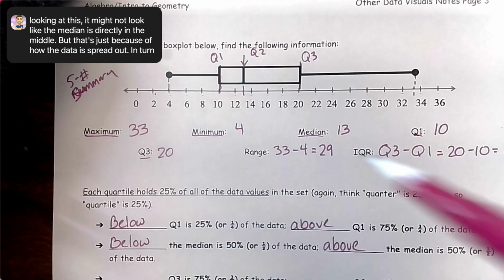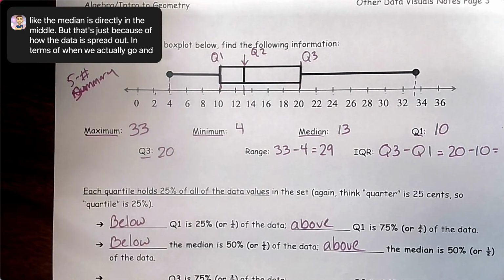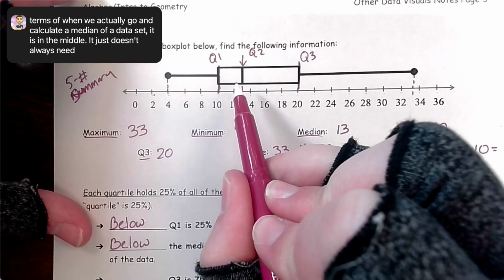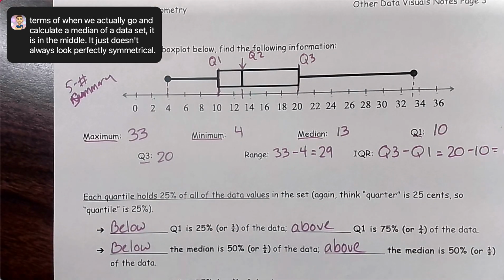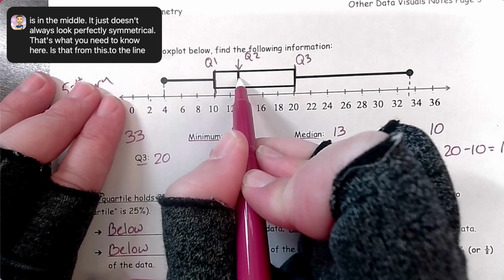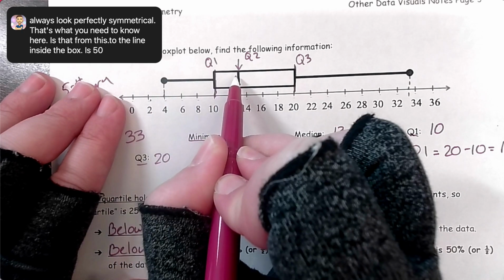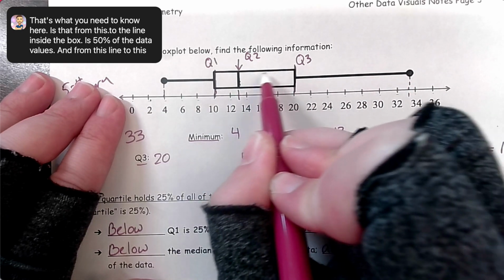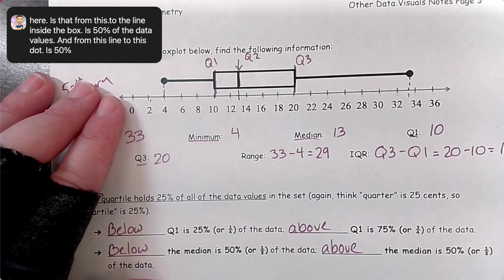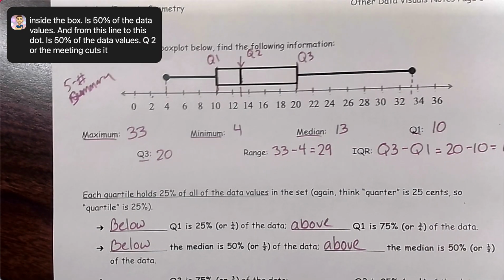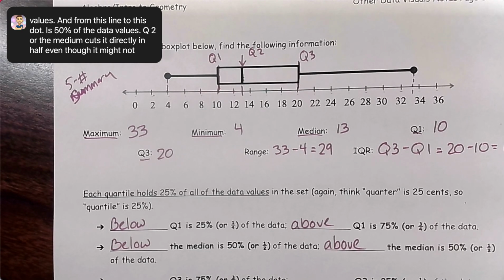In terms of when we actually go and calculate a median of a data set, it is in the middle. It just doesn't always look perfectly symmetrical. So what you need to know here is that from this dot to the line inside the box is 50% of the data values. And from this line to this dot is 50% of the data values. Q2, or the median, cuts it directly in half, even though it might not look symmetrical.